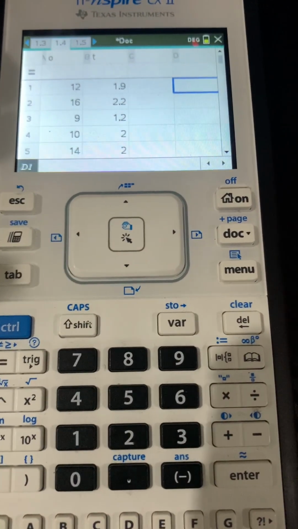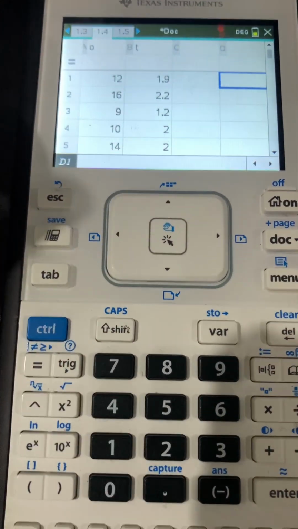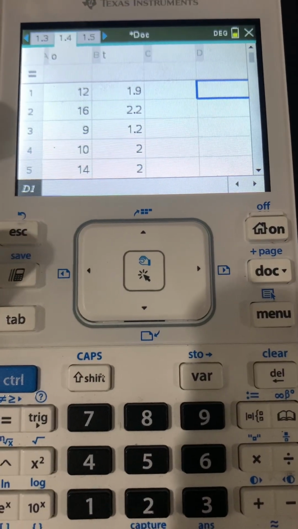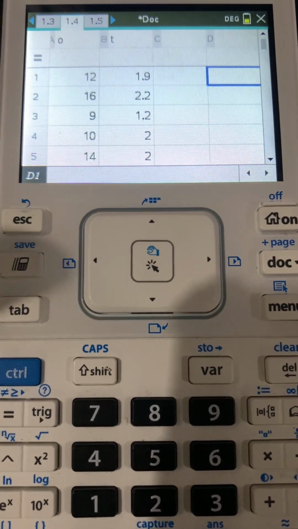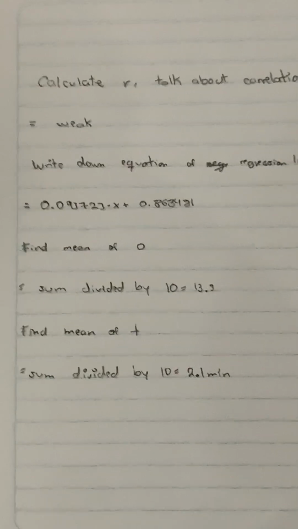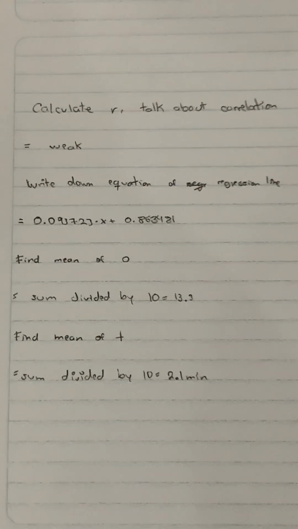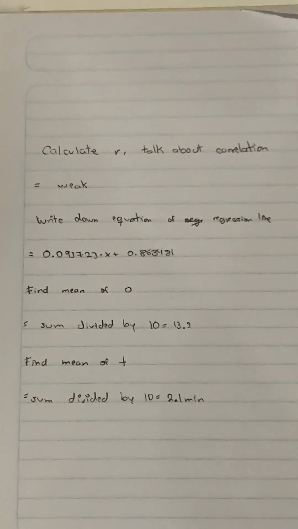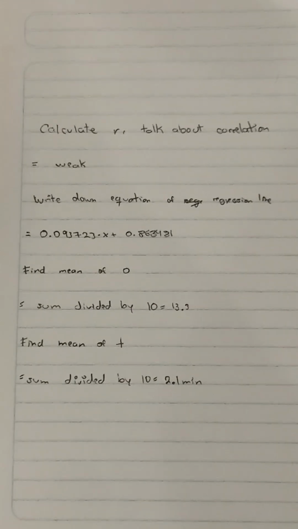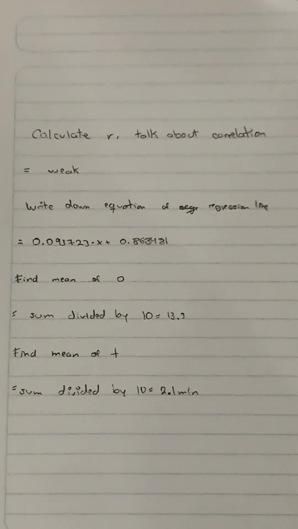The fourth problem is the same, but with the time it took, so we do it with just the values of T, and write our result in our notebook. Once we made all of our equations, we should have something like this: the mean of O will be 13.5, and the mean of t will be 2.1 minutes.